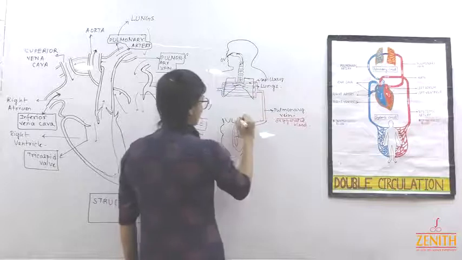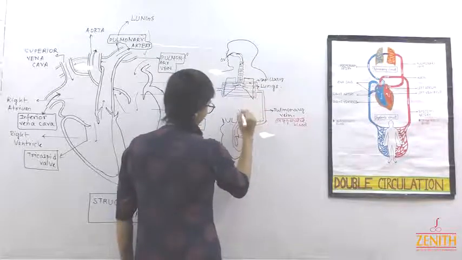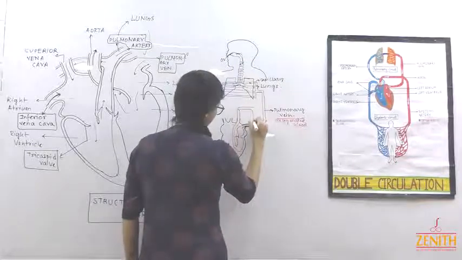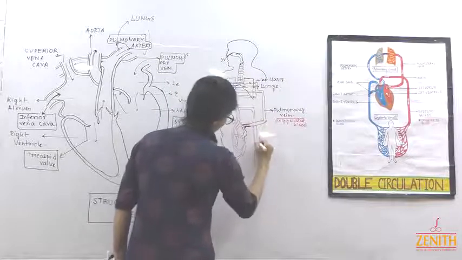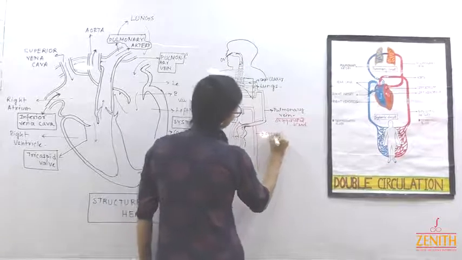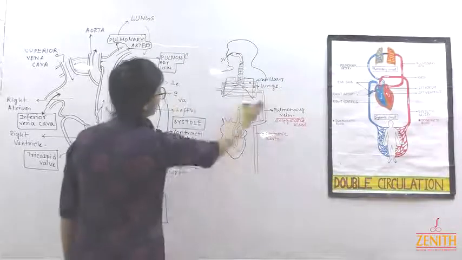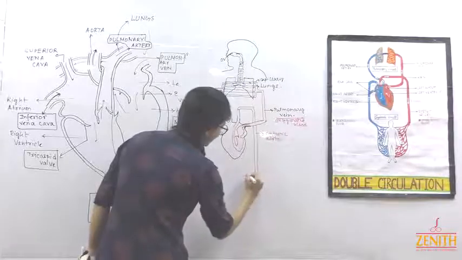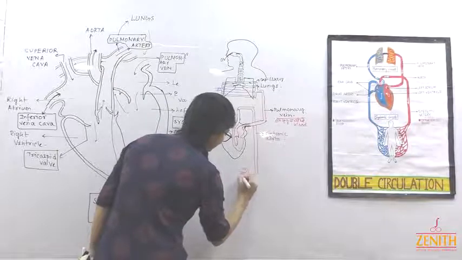This path. So what is present here? This particular artery is called the systemic aorta. This systemic aorta will take this oxygenated blood and ultimately send it into the capillaries.